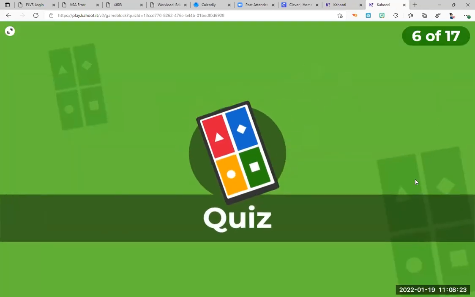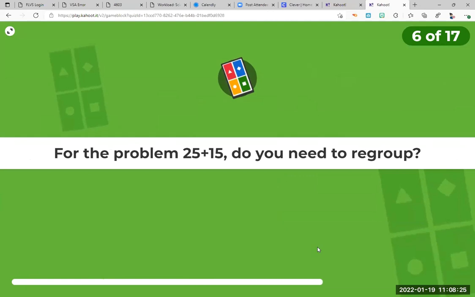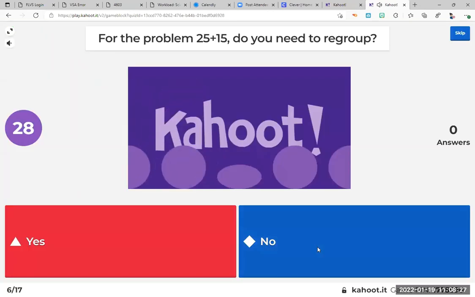Now let's move on. For the problem, 25 plus 15, do you think you would need to regroup? Do you think you will have tons of ones? Look at the ones place. In both numbers, if you're adding the ones, it says 5 and the other number has 5.